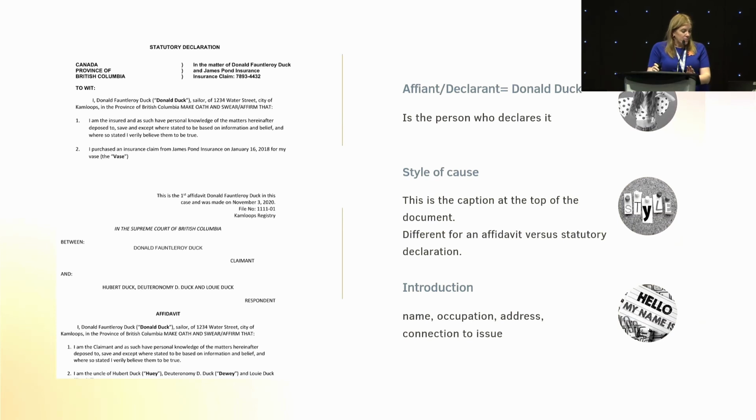But generally it should be the address and then the connection to the issue. Why is this person swearing this? Where does their knowledge come from? Well, I'm the claimant, so of course I know what's going on, or I'm the tenant, or I'm the neighbor. You need to set the stage for why this person is the one swearing this document.